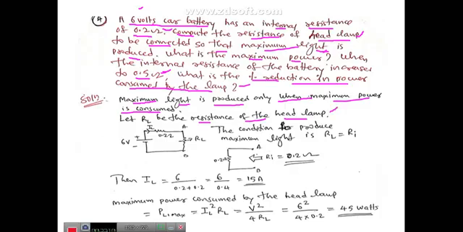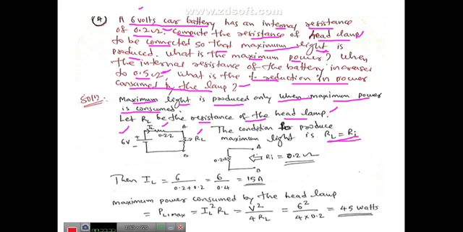We are representing the 6 volt source, its internal resistance is 0.2, and this is your headlamp resistance RL. The condition to produce maximum light is RL equal to RI.